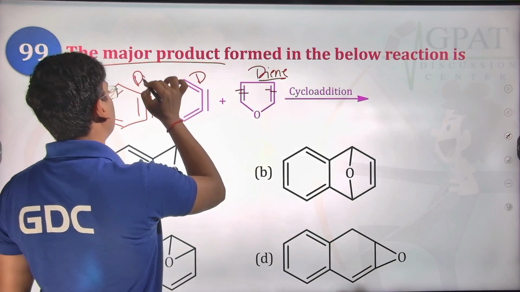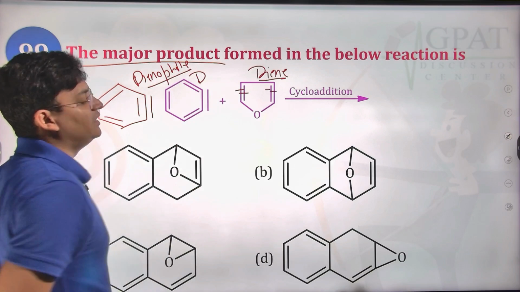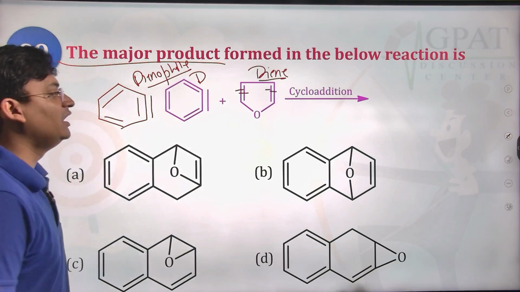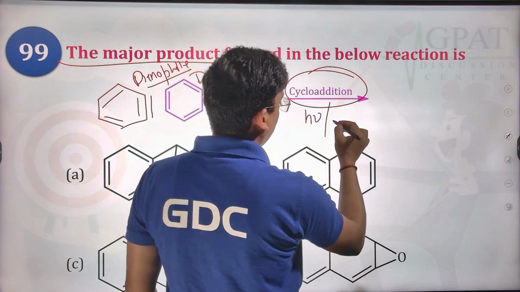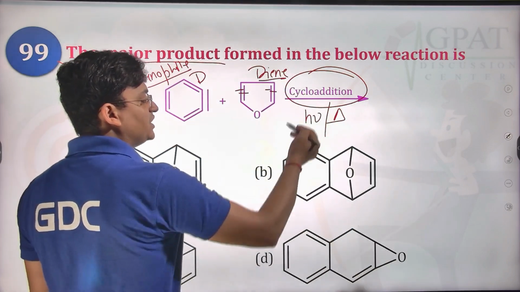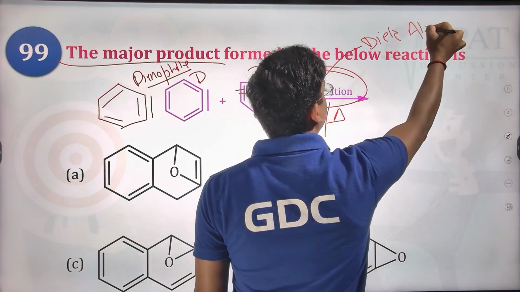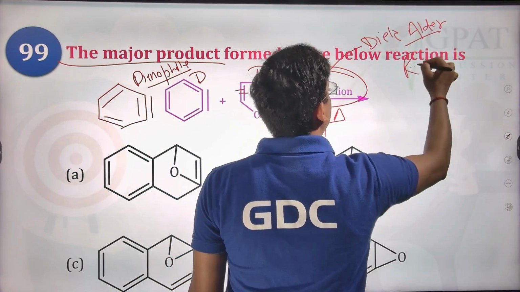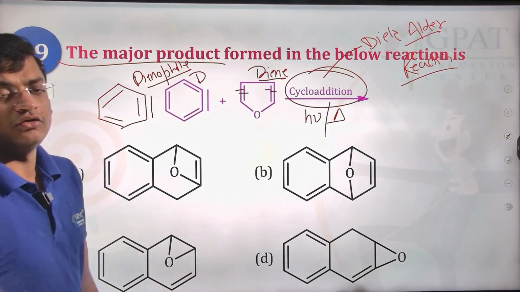The conjugated diene reacts with the dienophile in the presence of either thermal or photochemical conditions. So a cycloaddition reaction takes place, basically the Diels-Alder reaction, and we end up getting the cycloaddition products.